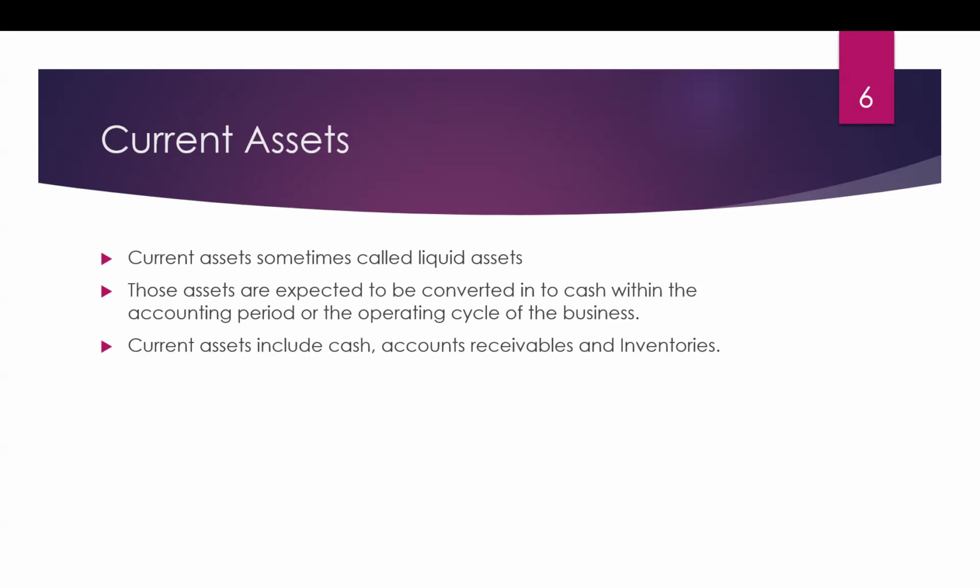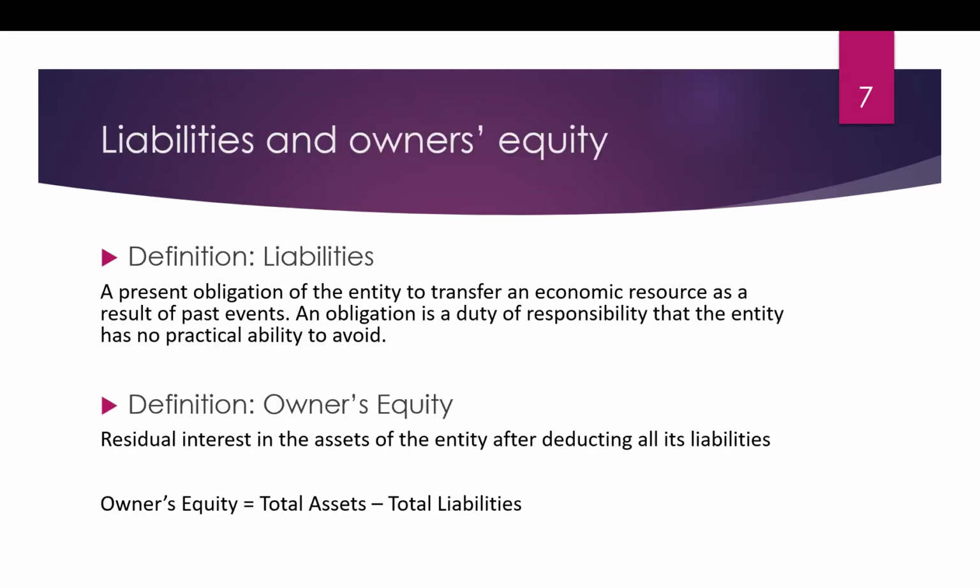The current assets are sometimes called liquid assets, and those assets are expected to be converted into cash within the accounting period or the operating cycle of the business. And the current assets include cash, account receivables and inventories.